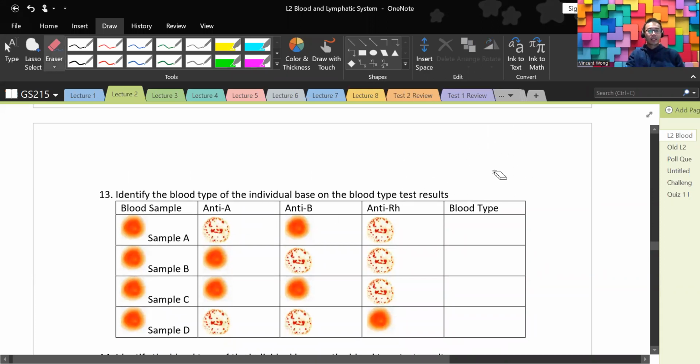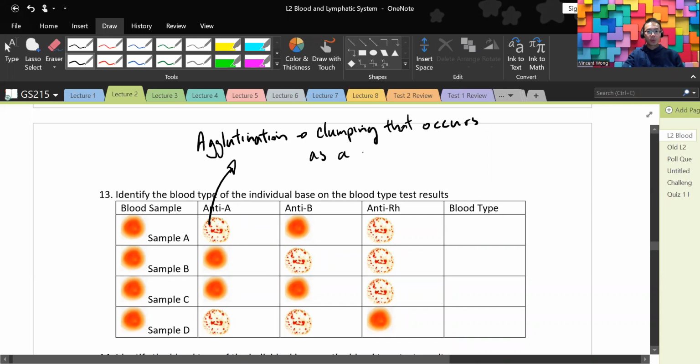Okay, so when you see this little flaky stuff here, we call this agglutination. Okay, agglutination, which is just like a fancy word for clumping, right? So clumping that occurs as a result of cross reaction.